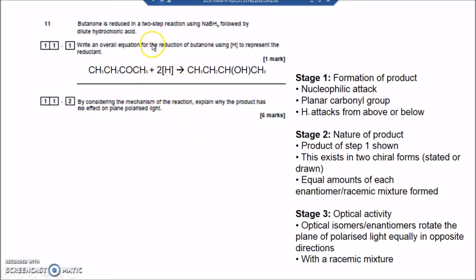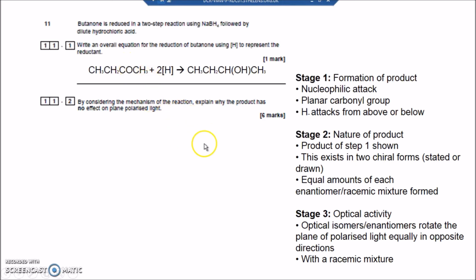That's going to create 2 different enantiomers, 2 different mirror images of each other in equal amounts, because there's an equal chance of this hydride ion, this nucleophile, attacking from above or below.